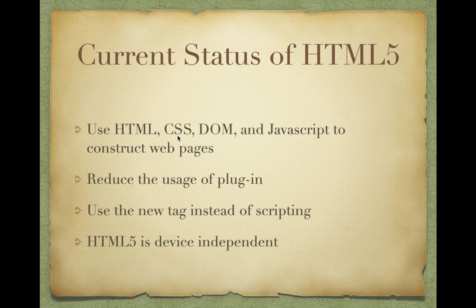We can change the image size and image shadow, we can change the font size, the font color, or font type, and so on. So we use CSS to change the layout. We can also use CSS to change the location of the element. Okay, so it will be totally different.